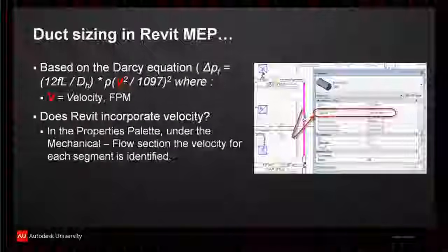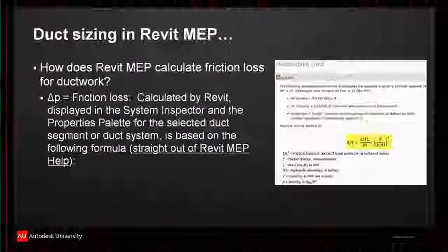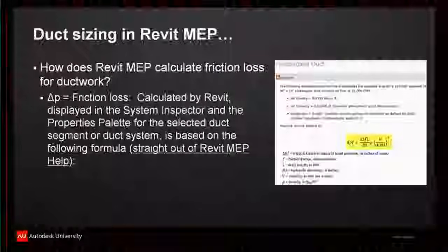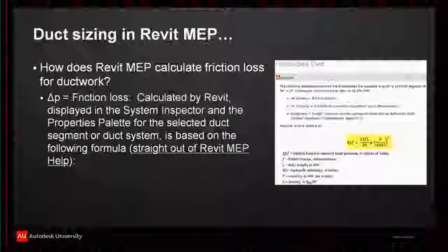All right? So, with all that said, does Revit MEP incorporate the ASHRAE formula, the Darcy formula inside of it? Yes, it does. As a matter of fact, if you dig deep into the help menu, it's clearly outlined. If you notice, we have been talking about this formula right here straight out of ASHRAE. That's the same formula that Revit uses to size its ductwork.